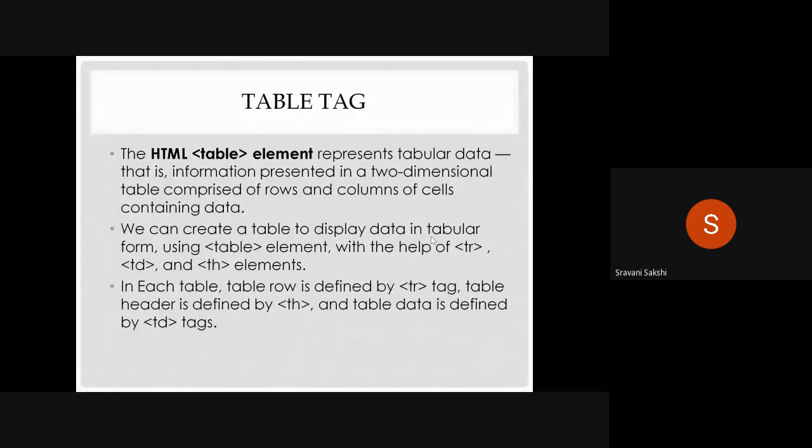So how do you display the content of the table? Using the table element, we have table row, table data, table header. Okay, so table row is defined by the tr tag, table header is defined by the th tag, and table data is defined by the td tag. Okay, so th, td, tr.